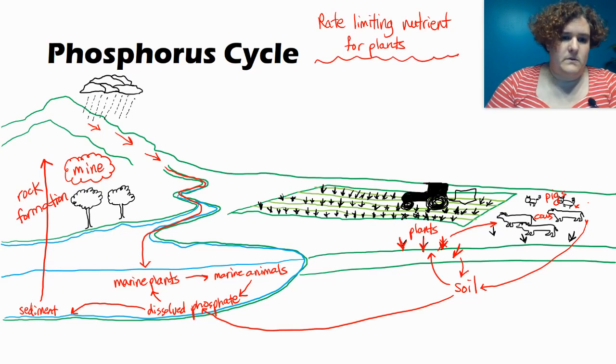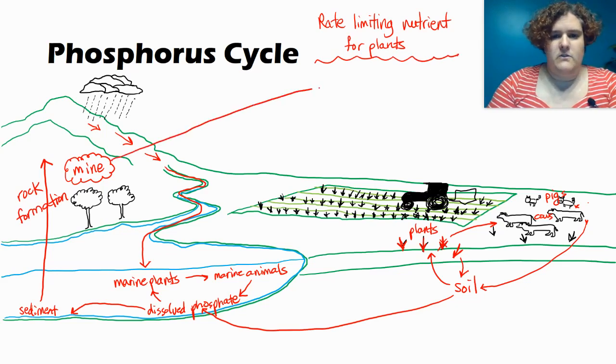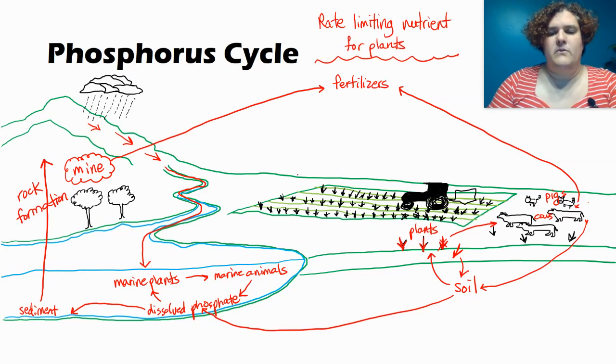So what we'll do is we will mine phosphate, or we will take manure that has phosphate in it and make fertilizer for plants. Most fertilizers that farms will use contain phosphorus or phosphates. So we'll put those on our crops, and that causes them to grow bigger and taller and stronger, faster.